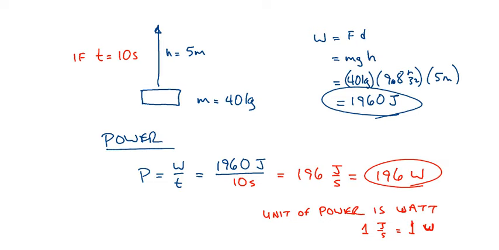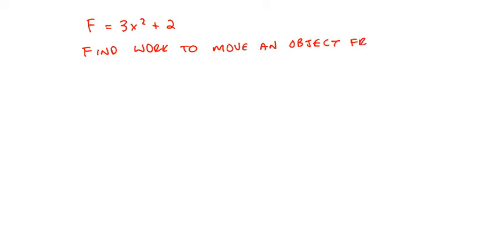In this last slide, I'd like us to take a force. Let's say the force is equal to 3x squared plus 2. And I'm going to find the work to move an object, and let me give you two endpoints here, from x equals 0 to x equals 10 meters.